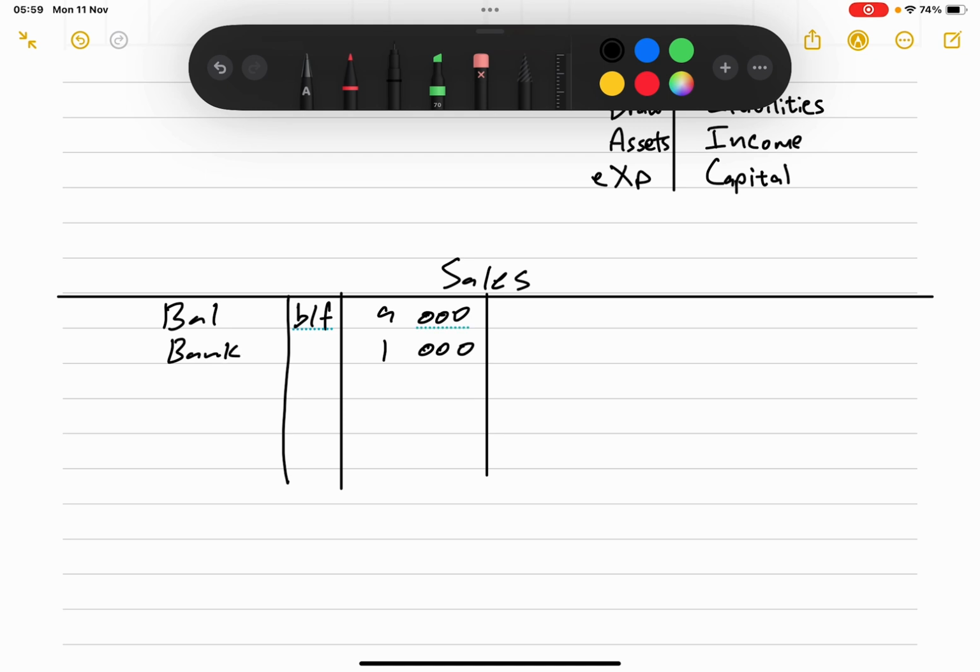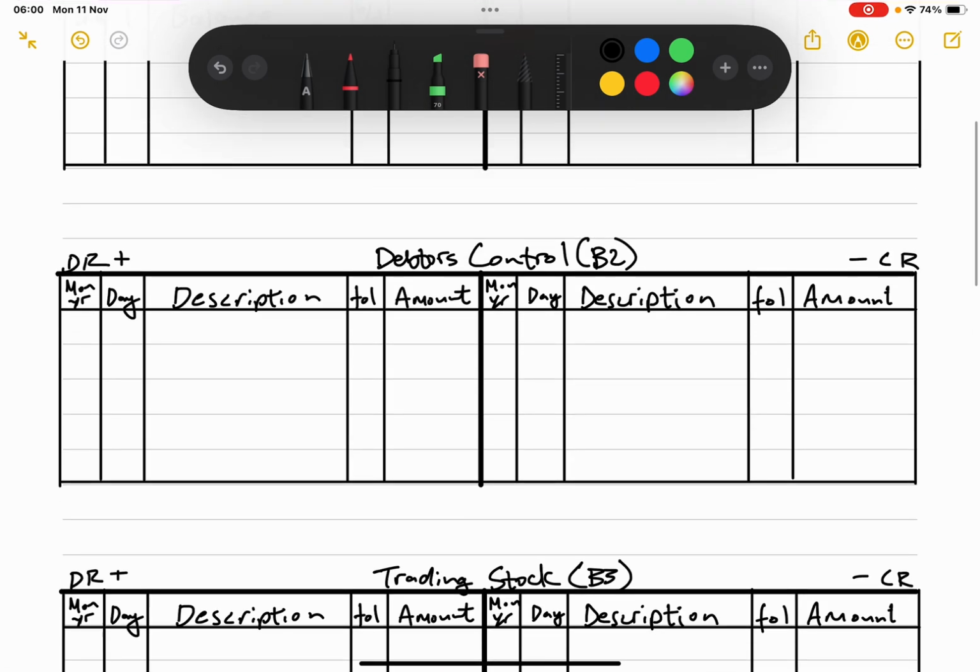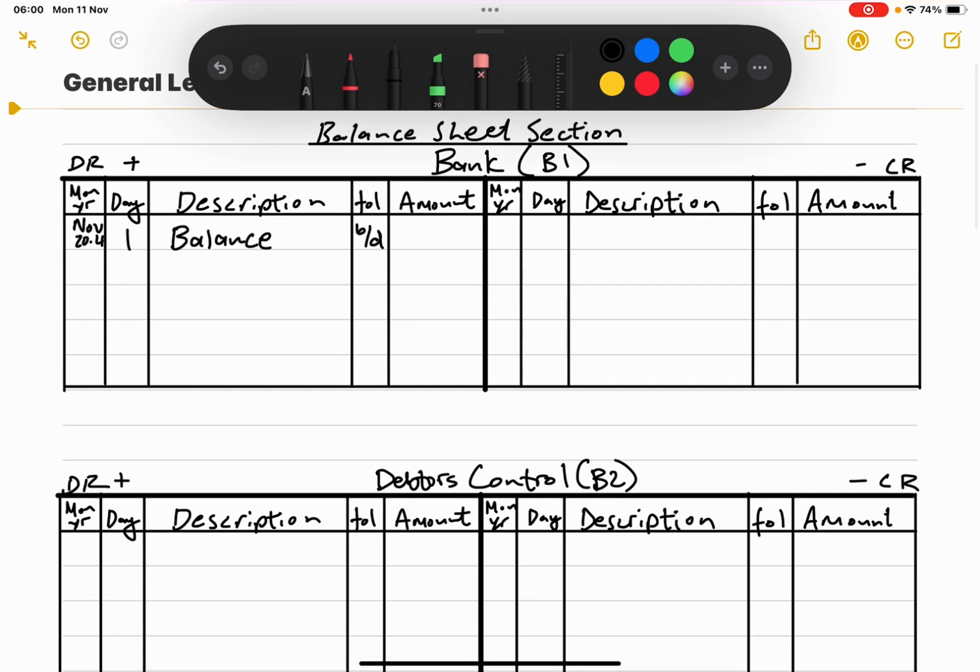Then from there, and this is B1, you'll just total it to be 10,000. Cool. Then you'll just start your next month with 10,000 and say balance brought forward. You don't actually balance it. Okay. But with these, you are going to have to balance them.